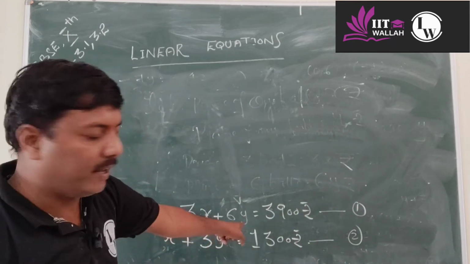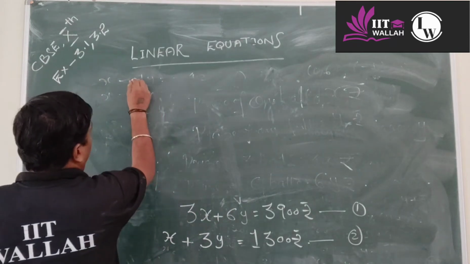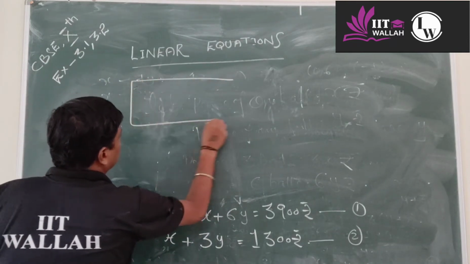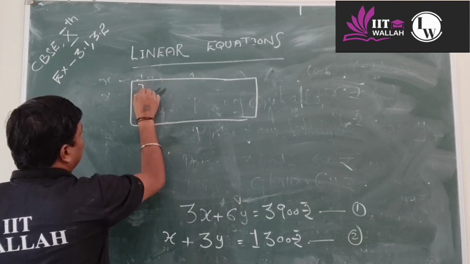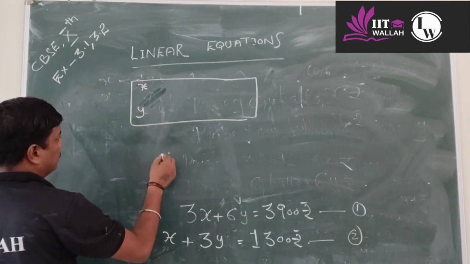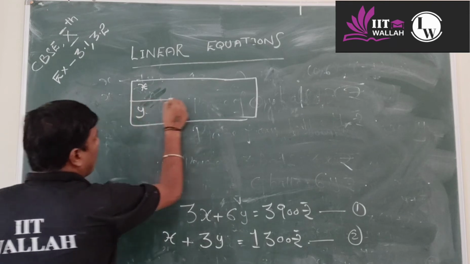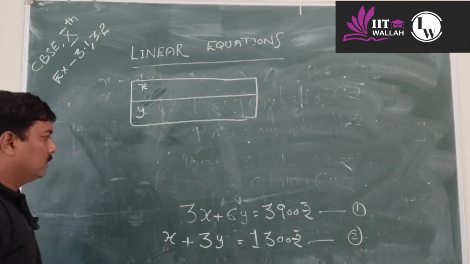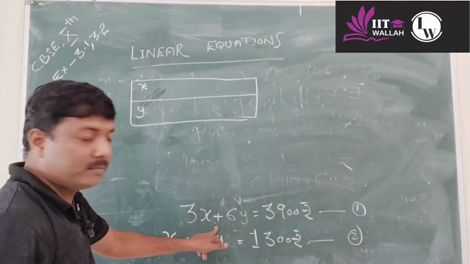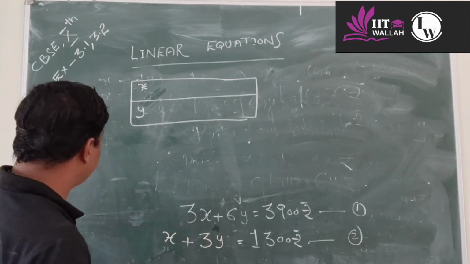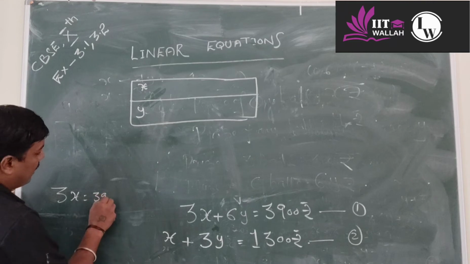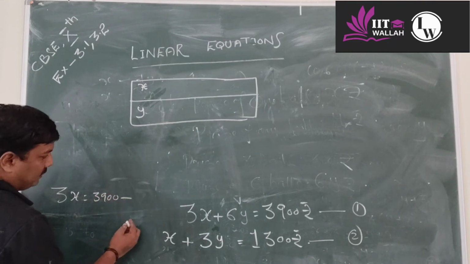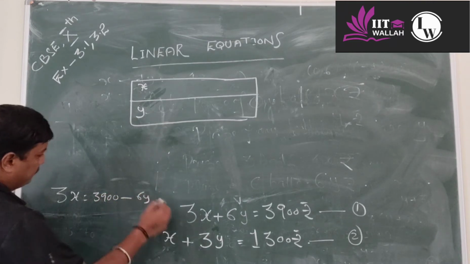Now we need this only. So you draw a box. This is X, this is Y. From this equation, you can understand that 3x is equal to 3900 minus 6y.